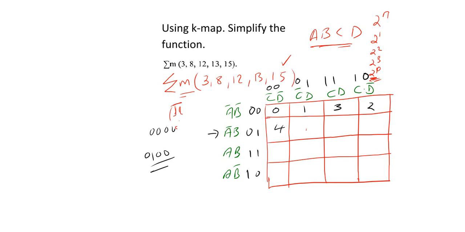So that is 4. This is 5, this is 7, 6, 12, this is 13, this is 15, then 14.